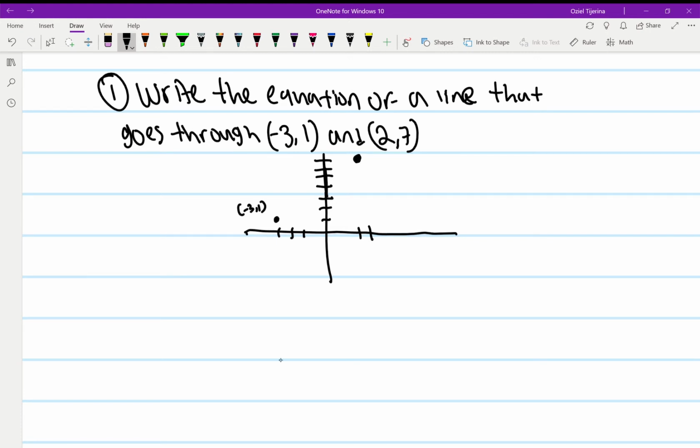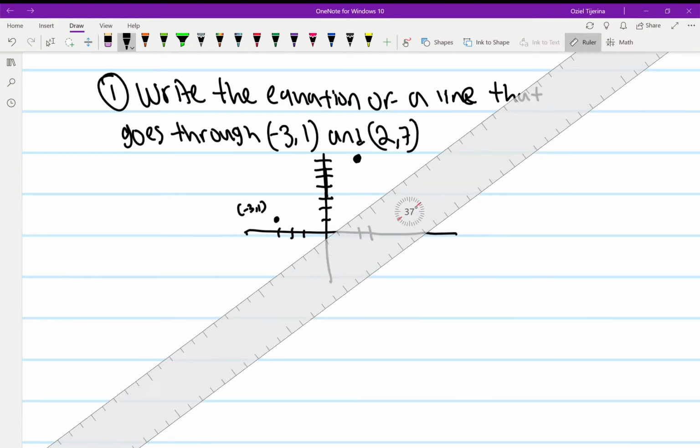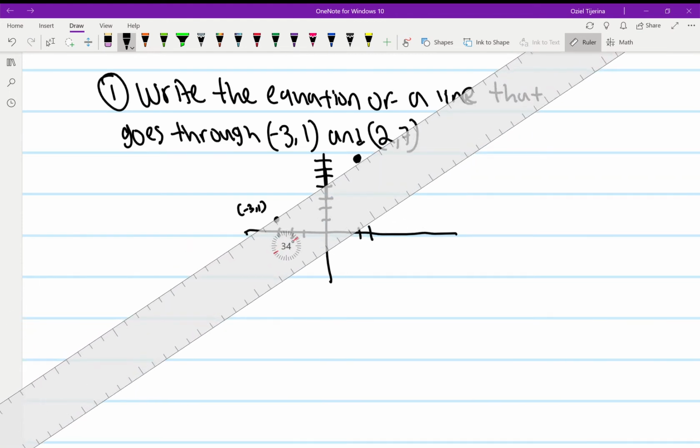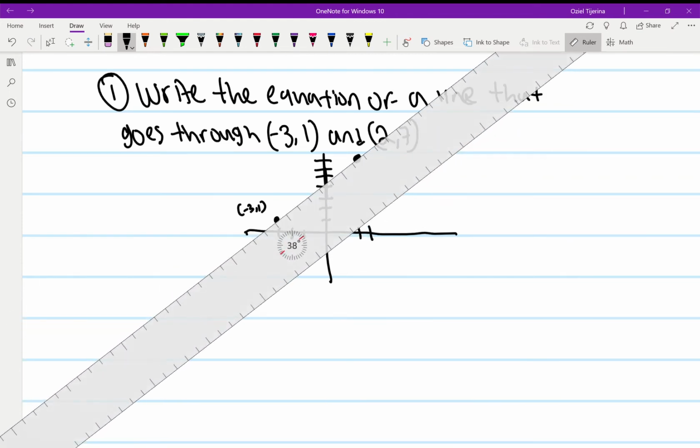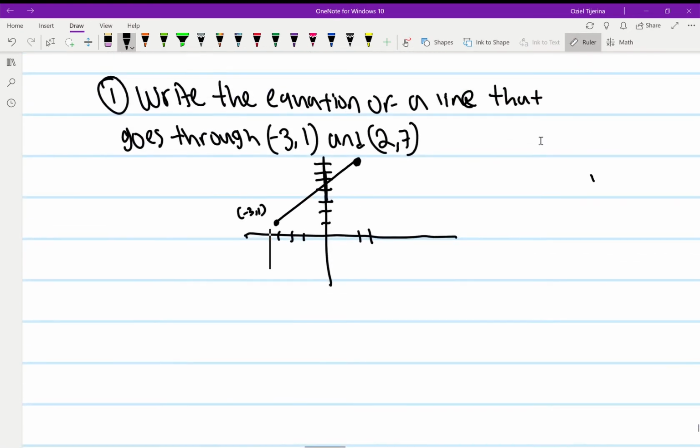So this would be kind of how our line would look, even though it's not perfect. So we want to know, what's the equation of that line?